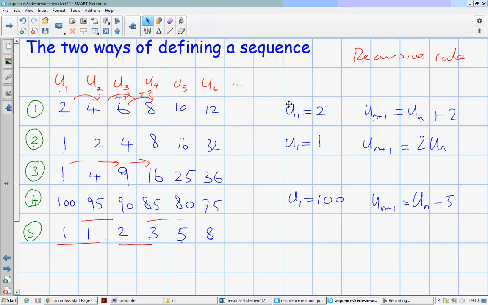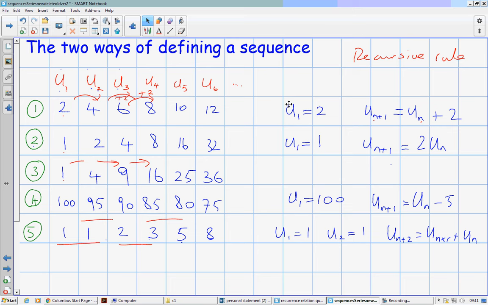So that gives me U1 equals 1, U2 equals 1, and the rule connecting them all, I'm going to need a U(n+2) equals U(n+1) plus Un. And that's it. Okay? So that is the recursive rule.